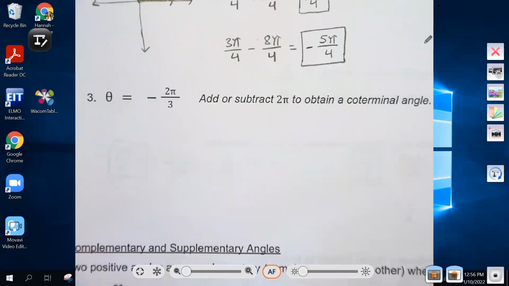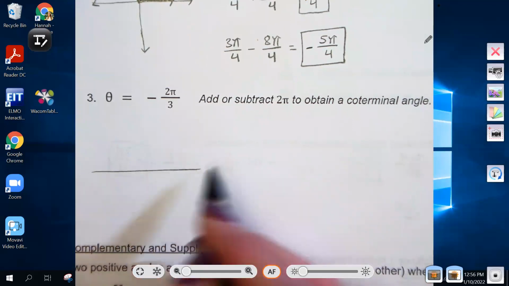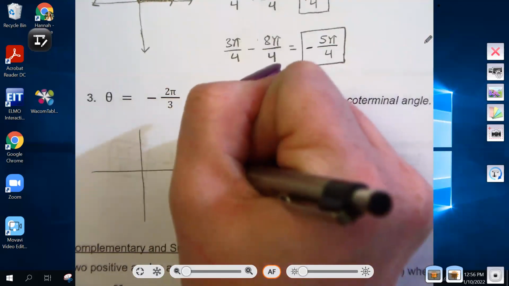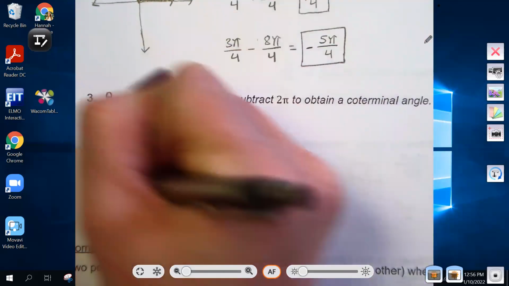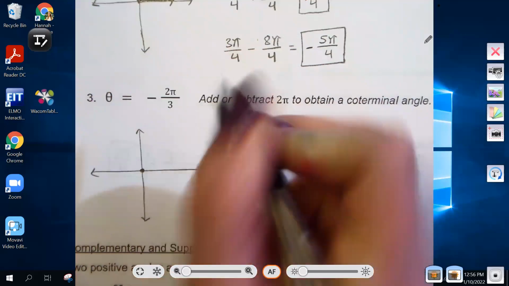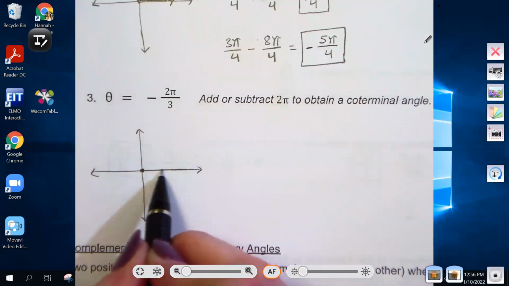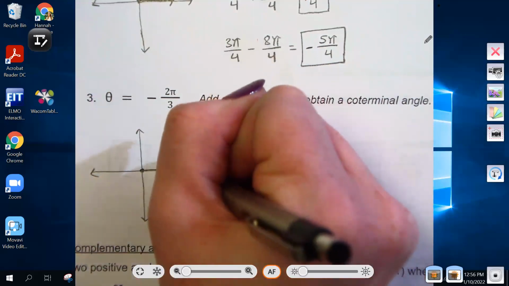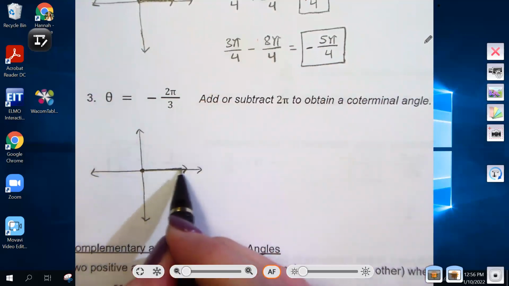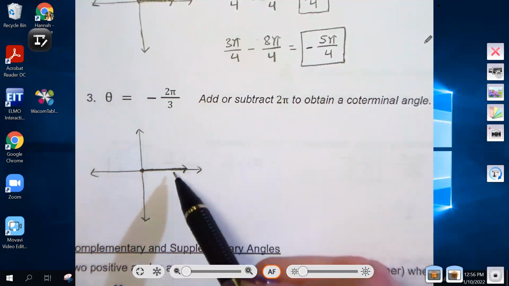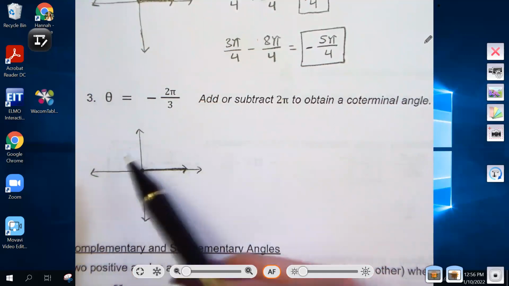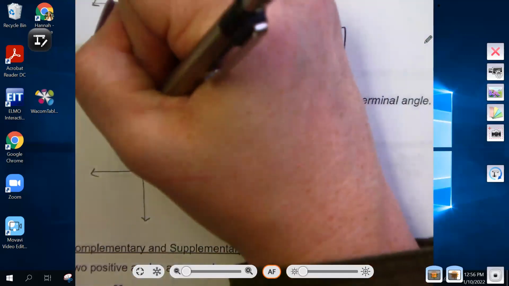Okay, let's look at number 3, where theta equals negative 2 pi over 3. So we're going to start again in standard position. Negative 2 pi over 3.